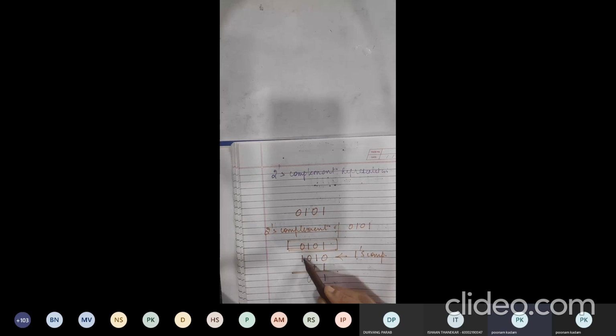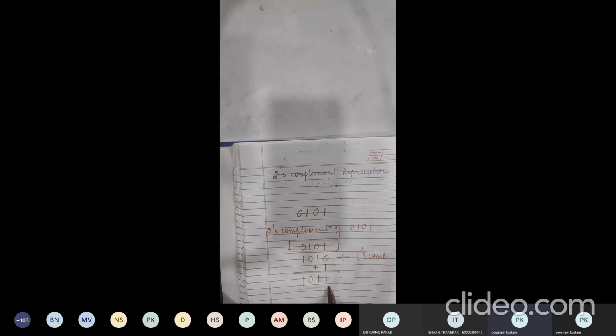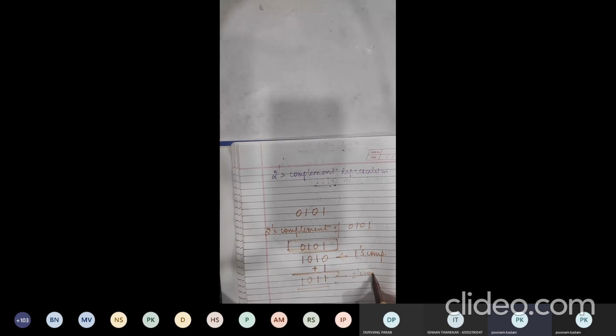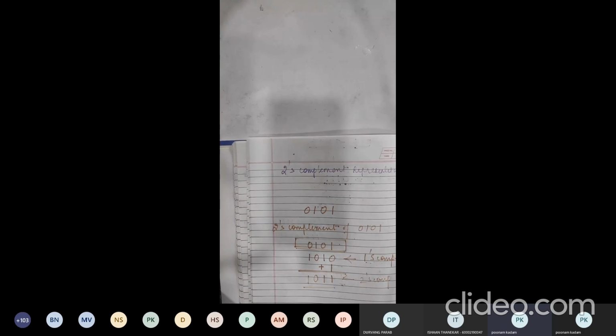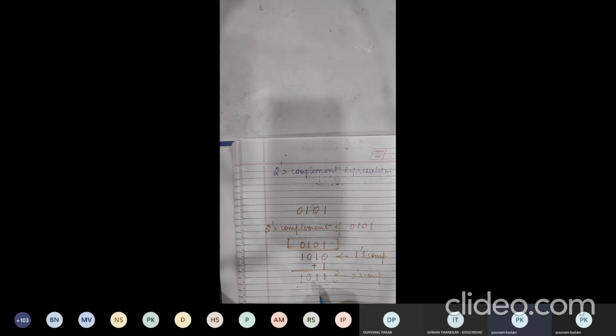This will come as it is. So this is the 2's complement. Is this clear to all of you? How I have found the 2's complement of the given binary sequence? Yes? Yes, ma'am. So to find the 2's complement of any binary sequence, you first find the 1's complement and then you add 1 to it.